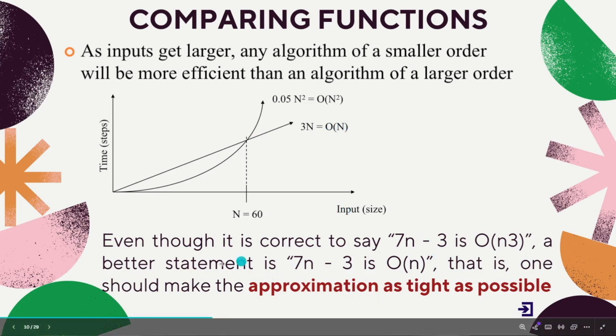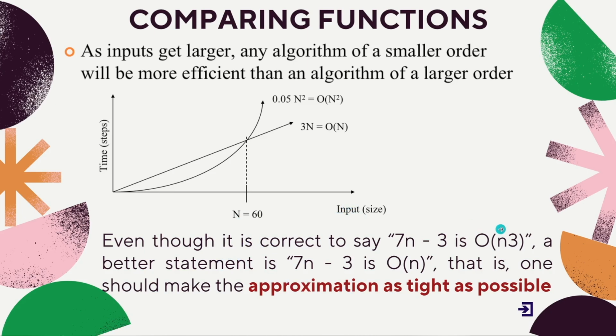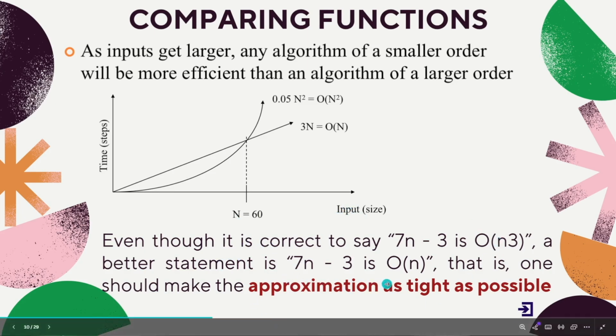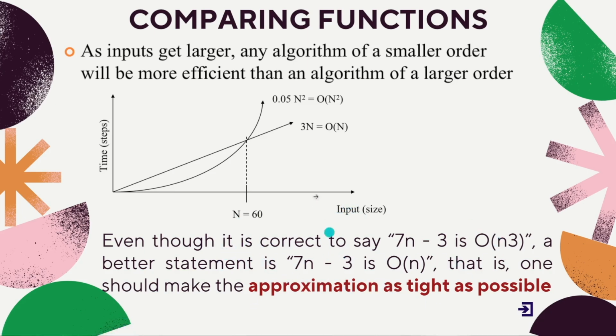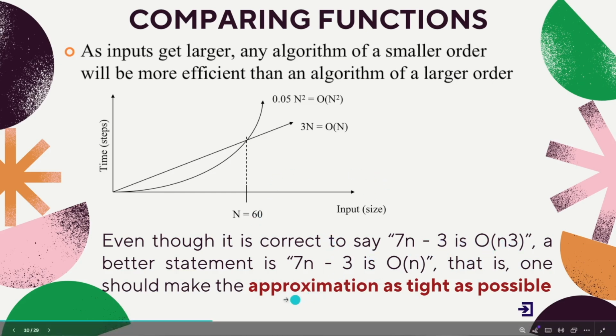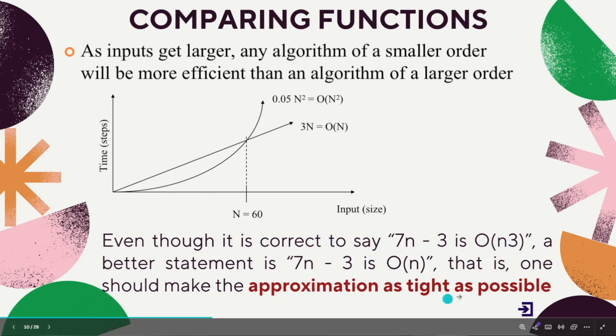So, here we will be studying about complexity classes in later part of this presentation, but what we mean here is that even though, say in this example, an algorithm has a complexity of 7n minus 3, in that case it is always right to say that this algorithm's complexity is always less than n cube, because we know that order of n is always less than order of n cube, but there is always a necessity to make the approximation as tight as possible.